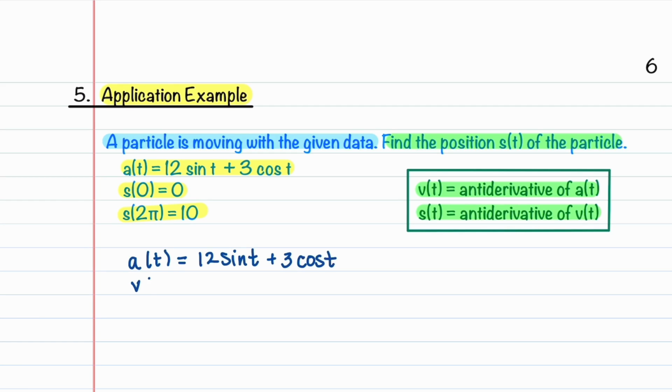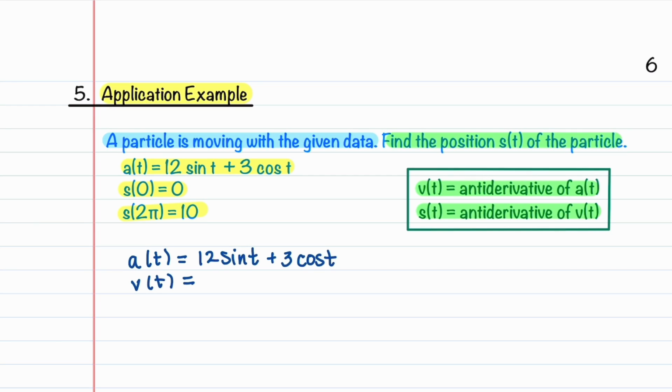And now we can find our velocity. It is the antiderivative of the acceleration, so that's 12. And the antiderivative of sine t is minus cosine t plus 3 times the antiderivative of cosine, and that's equal to sine t.